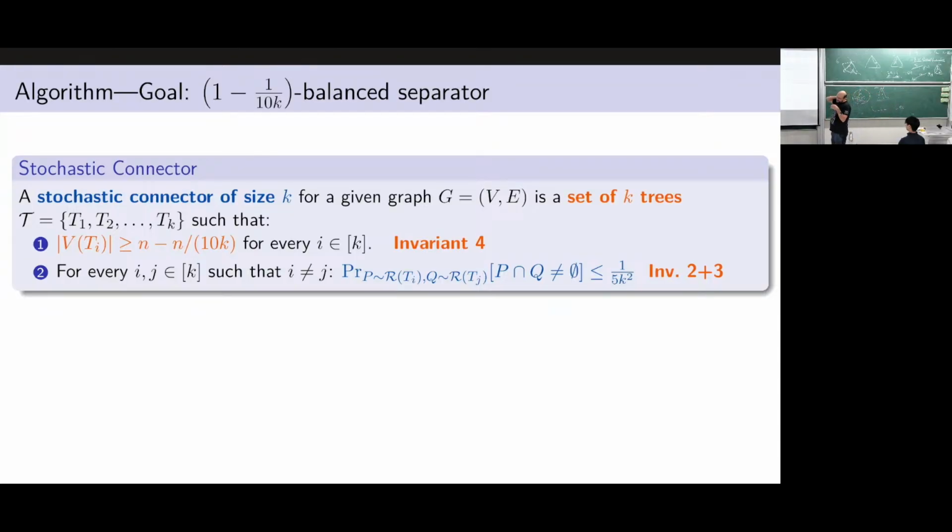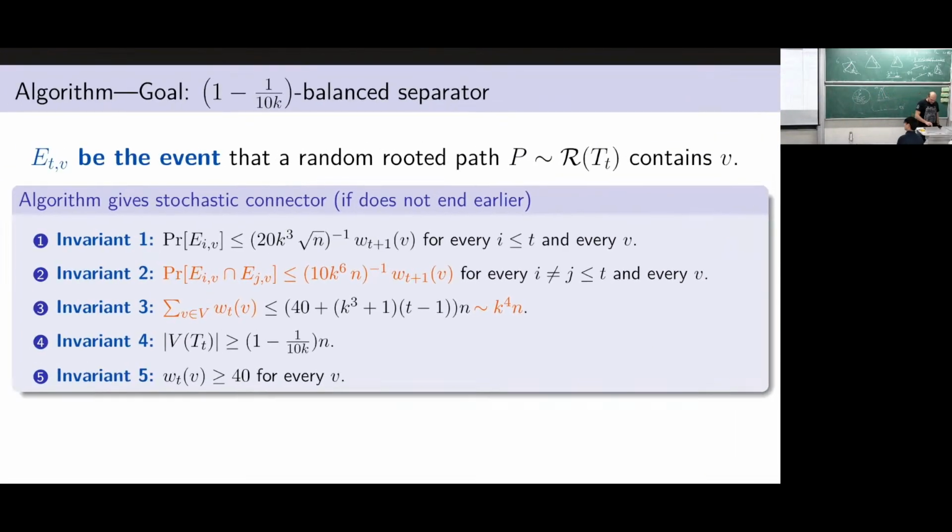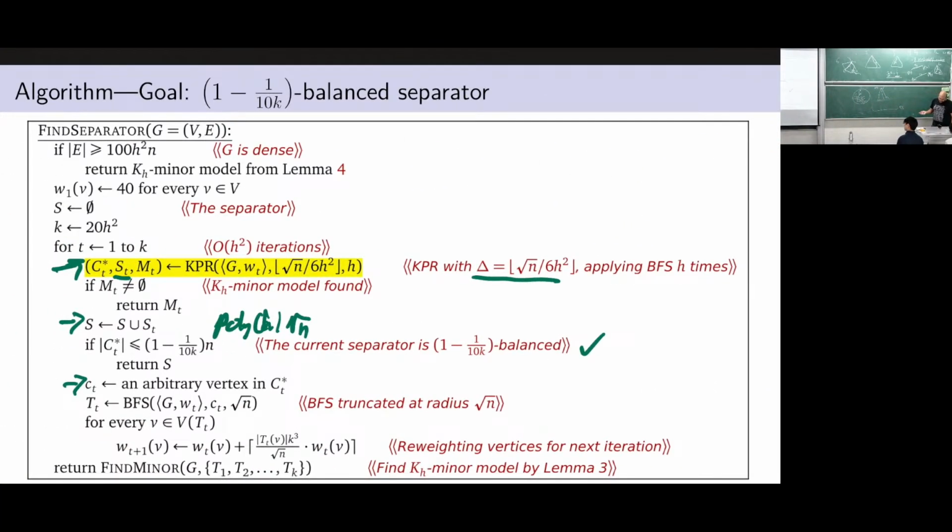If the biggest component is smaller than this value, then we found a balanced separator in the previous case, and we were done. So we know that this component is sufficiently big. So now we know that this stochastic connector will see that many vertices, right? So that's because of that.